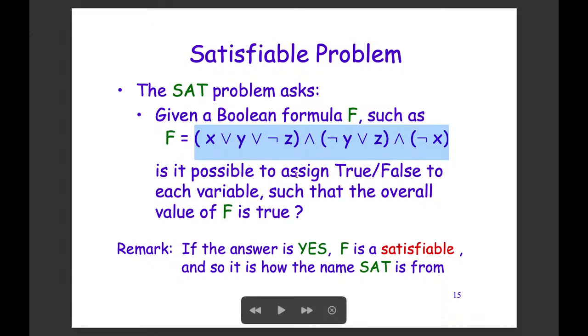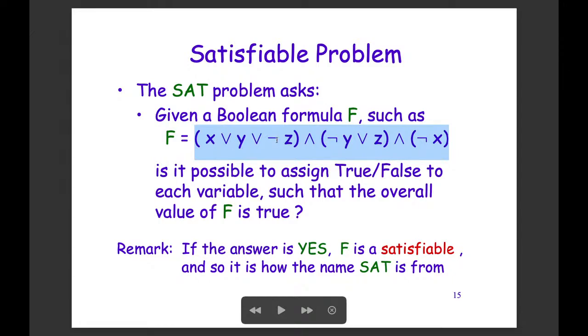For instance, in this particular example, let's say we set x to be false, y to be true, and z to be true. Let's see what will happen. If x is false, then this negation of x will become true. Now, because y is true, then true or something will become true.